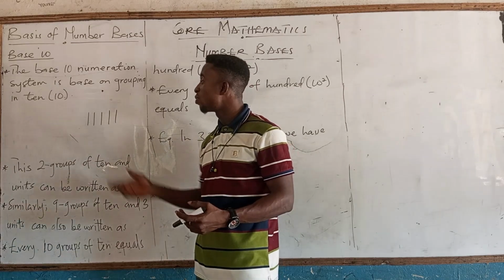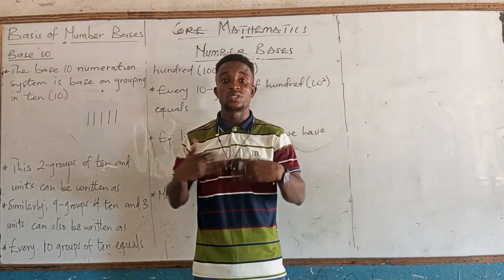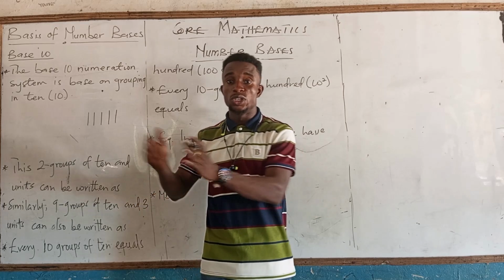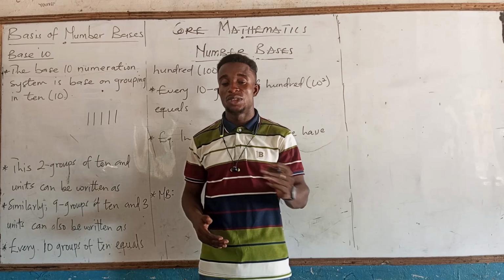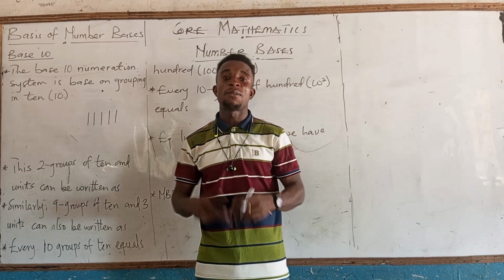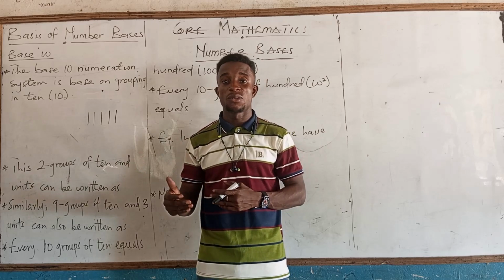So when we say unit, we are referring to something equal. Are we getting that? But they are in units, because when we are counting, we will take 1, 2, 3, 4, 5. So anytime I say unit, it can be anything that we are counting. Please, are we getting that?